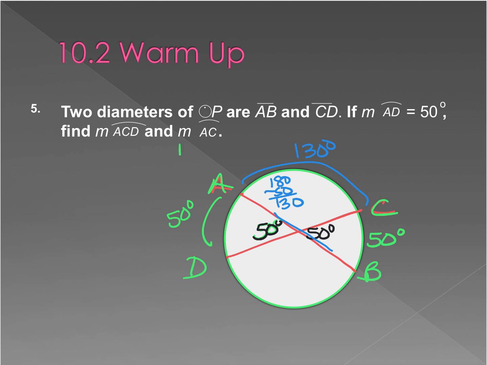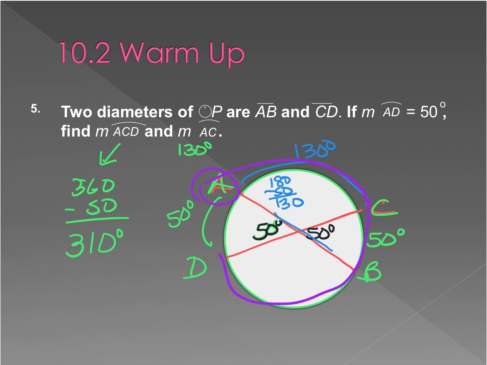So AC is 130, and then to find ACD, A to C to D, that's the entire circle except for the 50 degrees. So the fastest way would just be to do 360 minus 50, and it's 310. Now if we had to classify, this would be major, and this would be minor. And that was the warm-up from Friday if you missed class on Friday.